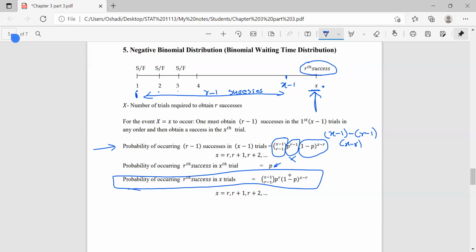So the probability of r successes in x trials can be written as x minus 1 c r minus 1 p to the power... Now it's not r minus 1, it's r, because we consider the last trial, the x-th trial, which is a success. Therefore, the earlier expression should be multiplied by p, and now it becomes p to the power r, not r minus 1.